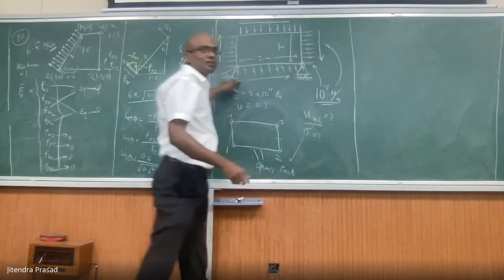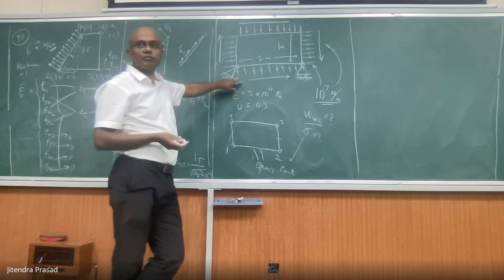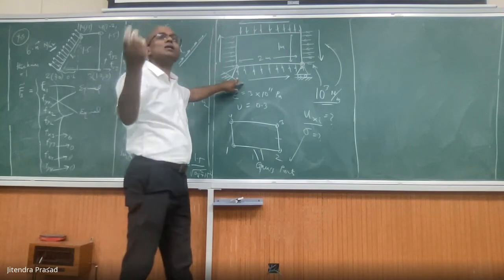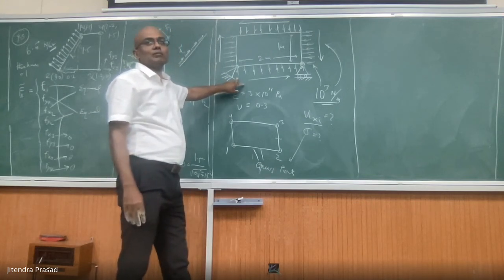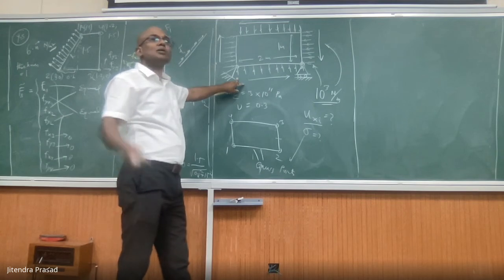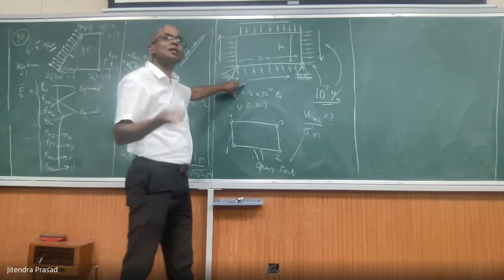I'm not getting your question. Say again. It says discretize the panel using a single rectangular element. Oh, so it means only one element. Yeah, that really means you don't discretize it at all. Just use whatever is given as the element.